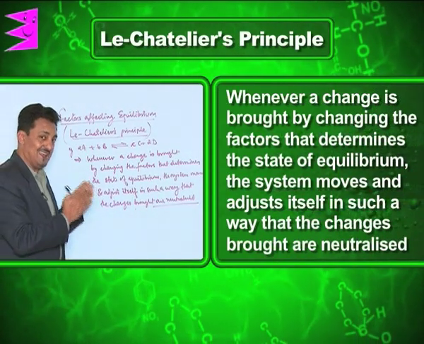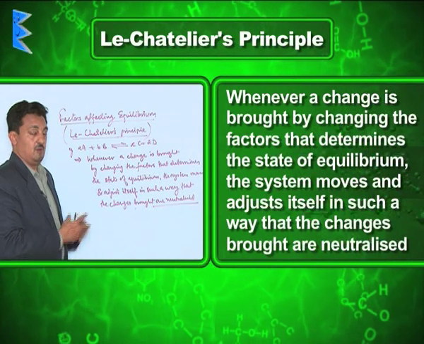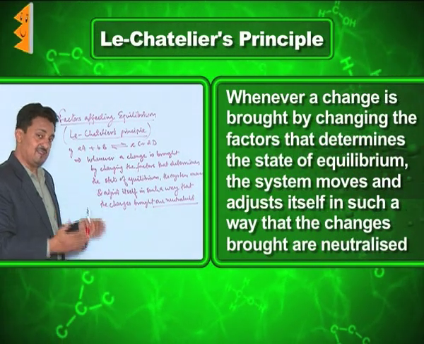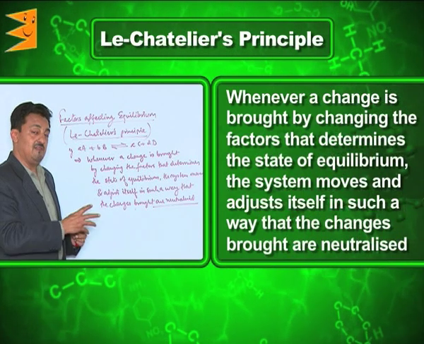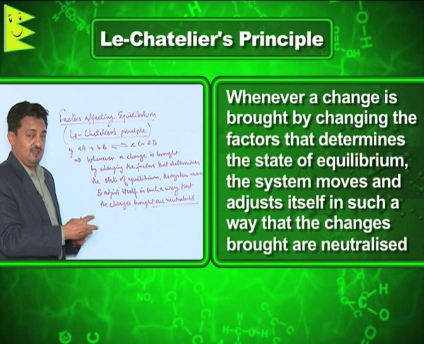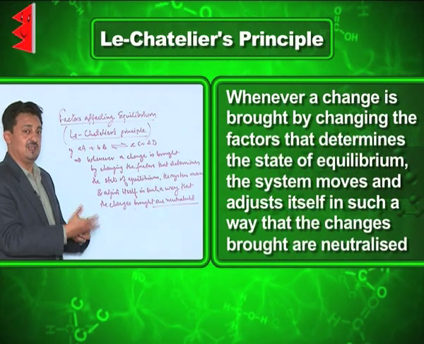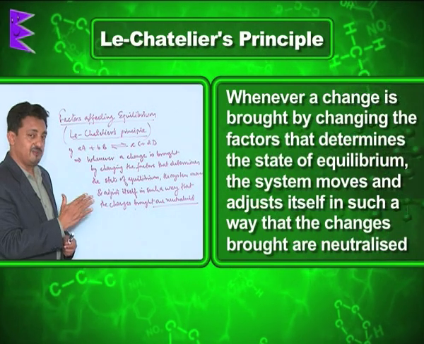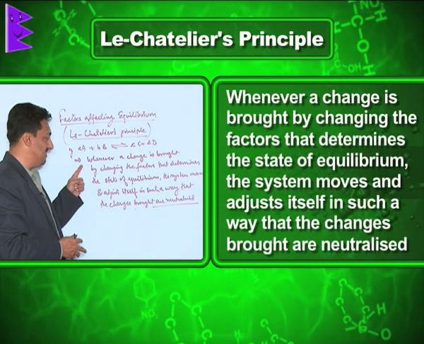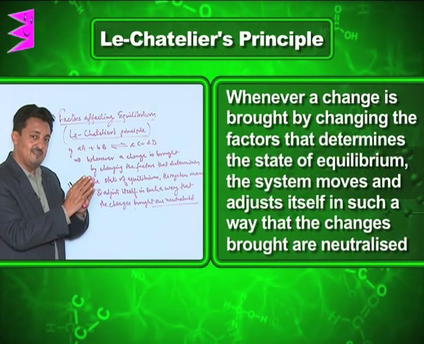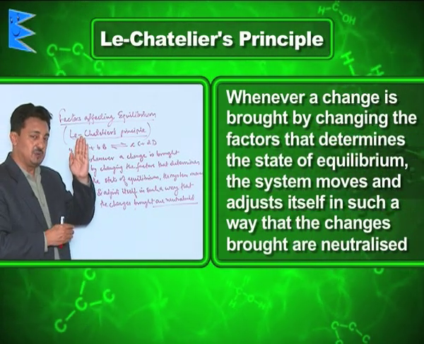But first let us understand what all are the factors which help us determine the state of equilibrium, and then whenever a change is brought into those factors, how the system readjusts itself so that the changes brought are neutralized. But the foremost important thing is to understand Le Chatelier's principle. It is very similar to your normal physical balance whose pointer is exactly towards the middle.